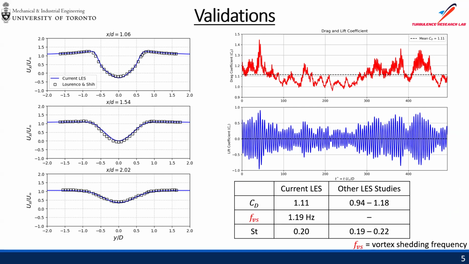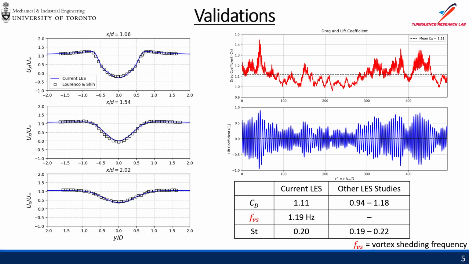So based on those two plots, we got some pretty interesting and useful data. Drag coefficient 1.11. This is similar to other LES studies at this Reynolds number. Based on the lift coefficient, we also got a vortex shedding frequency of roughly 1.2 hertz.